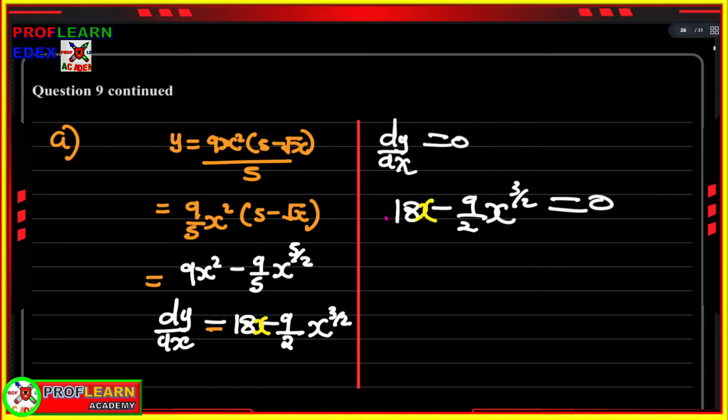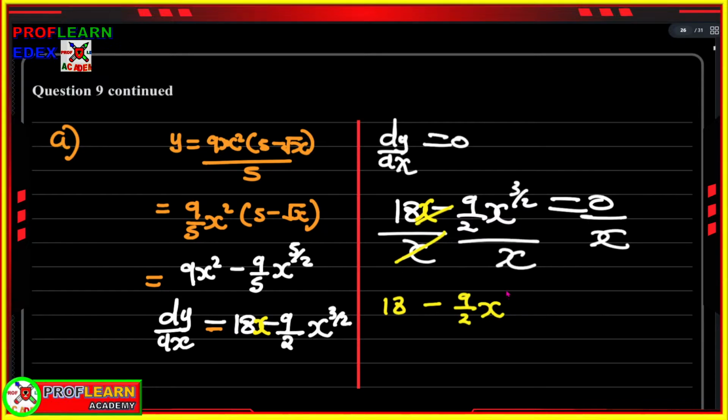Yeah, so if I divide by x at this point, I can see this and this will cancel out, and we end up having 18 minus 9 over 2 x raised to a half, which is equal to 0. So x raised to a half is going to be 4, right?